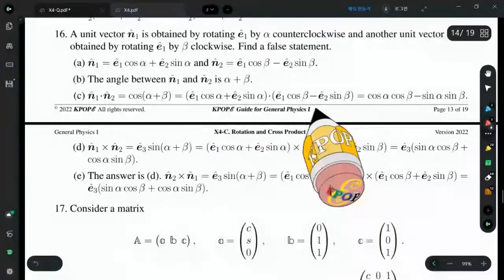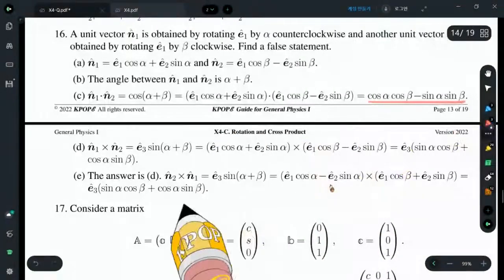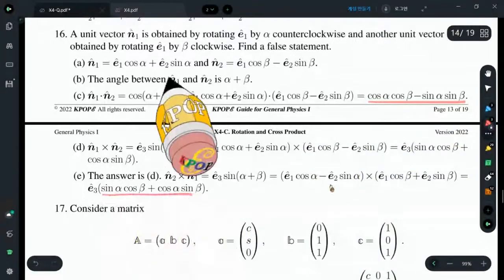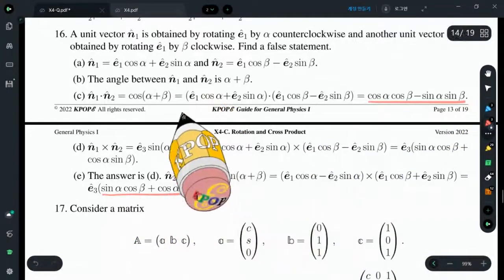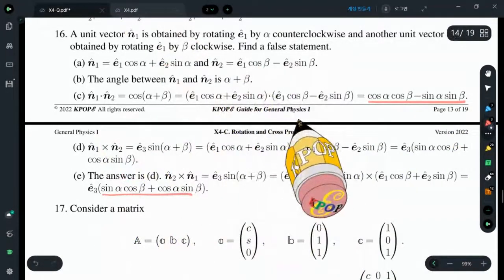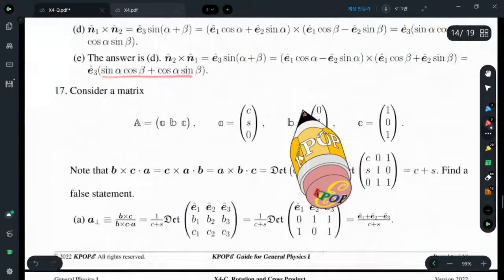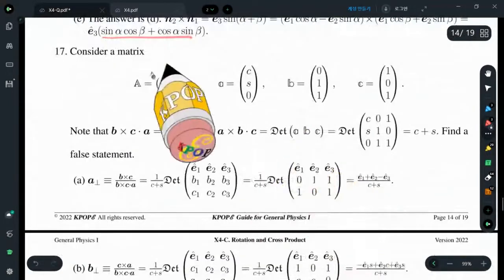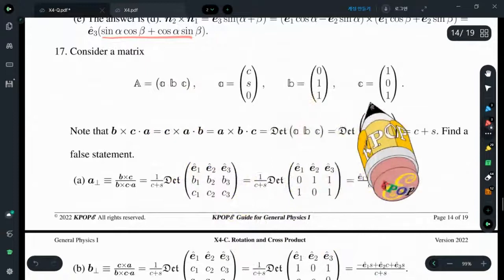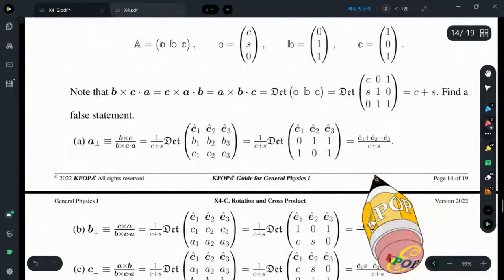This is another example of deriving a trigonometric identity by making use of a scalar product. So you can do it yourself. This is very important.